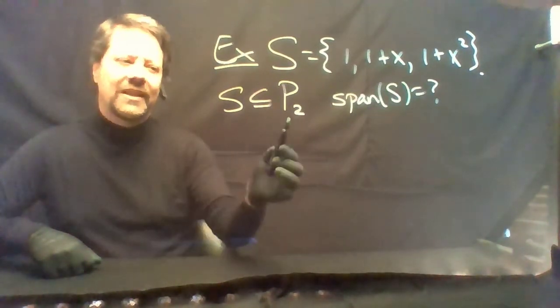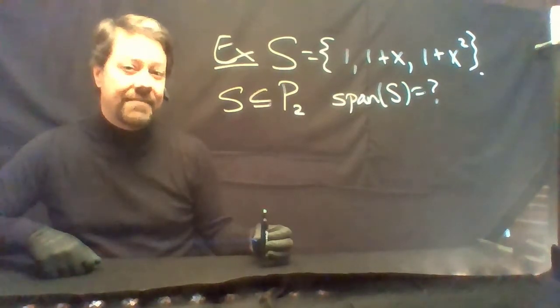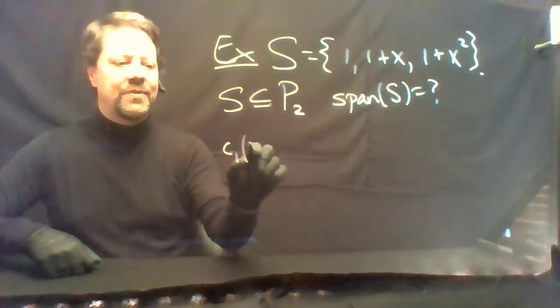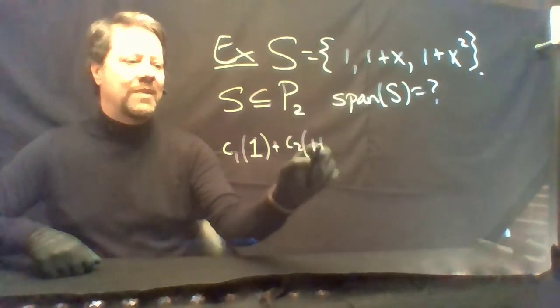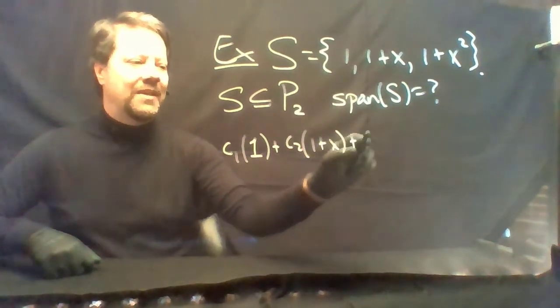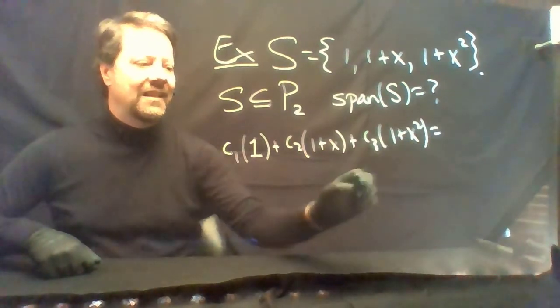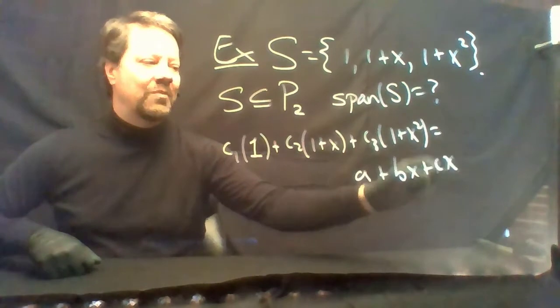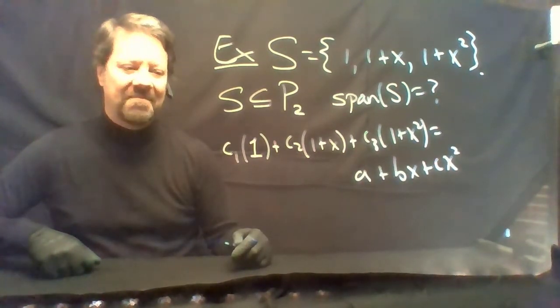Can you reconstruct any polynomial in P2 by taking linear combinations? Let's find out. Let's suppose that we have C1 times 1 plus C2 times (1 plus x) plus C3 times (1 plus x squared) and ask, can you get a plus bx plus cx squared for arbitrary a, b, and c?